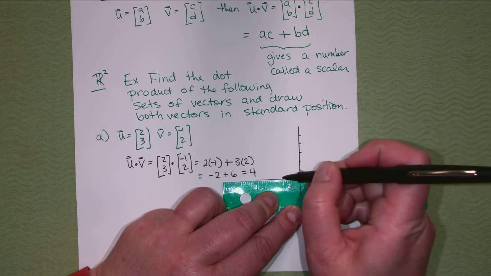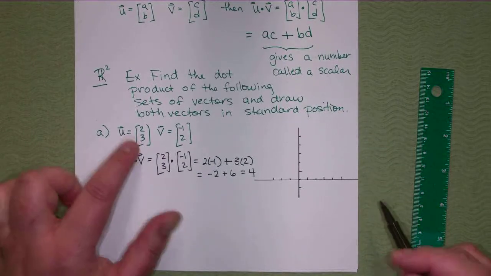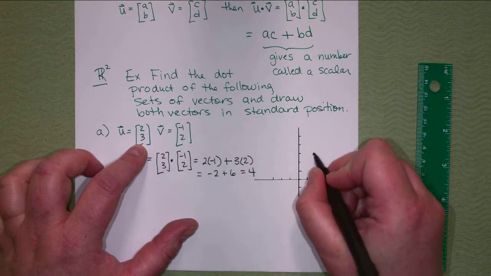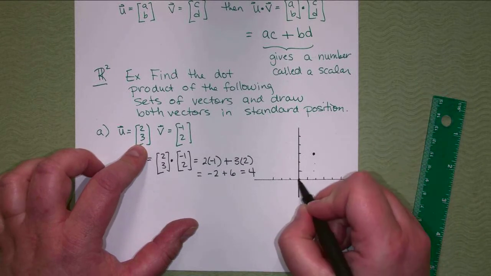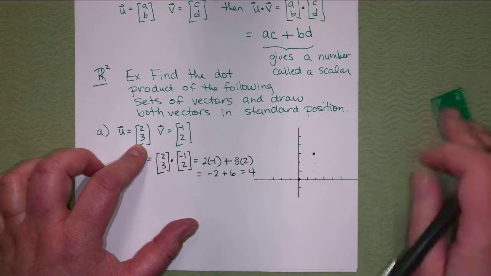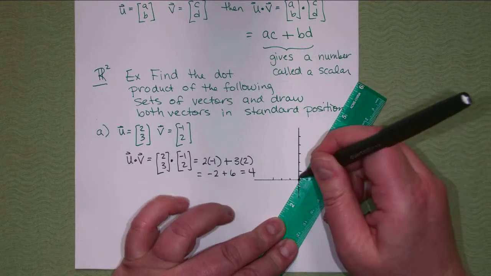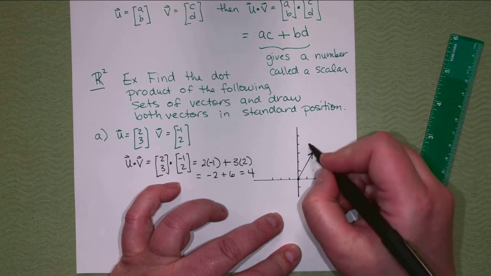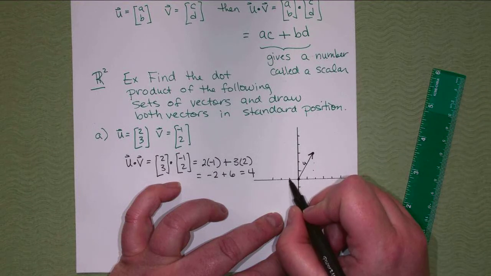Okay, so 2 over and up 3. Standard position means just using 0 as your starting point. So if we put the point (2, 3) in, that vector, so this is u, and v is -1 and up 2.